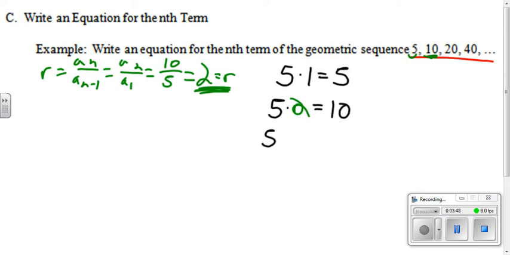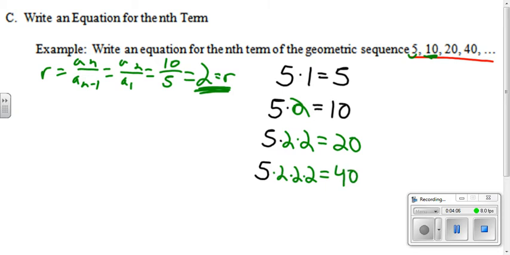Now if we do 5 multiplied by our common ratio twice, that's how we get to our third value of 20. Now if we want to get to 40, that fourth value, we have to multiply by our common ratio 3 times. So this is our first value, second, third, and fourth.